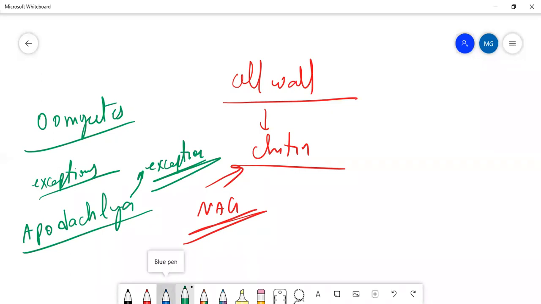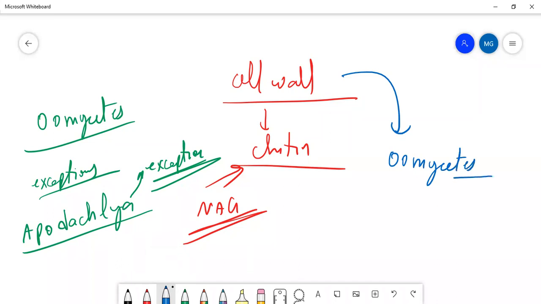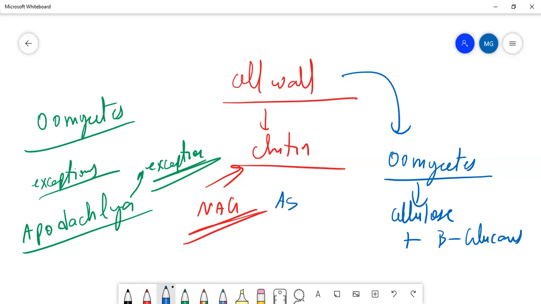So coming back to the cell wall, members of oomycetes, इनकी जो cell wall है, their cell wall mainly contains cellulose, plus they also have beta glucans. If you look at the ascomycetes, members have chitin.